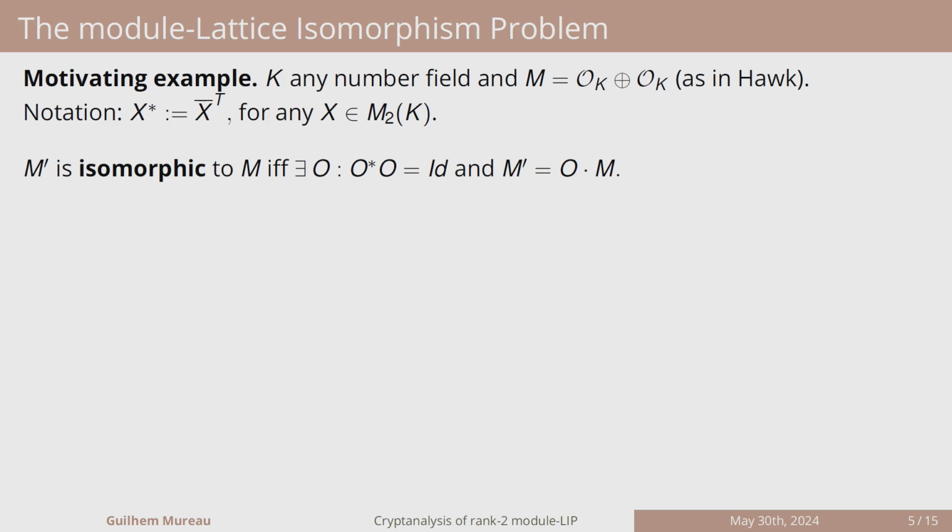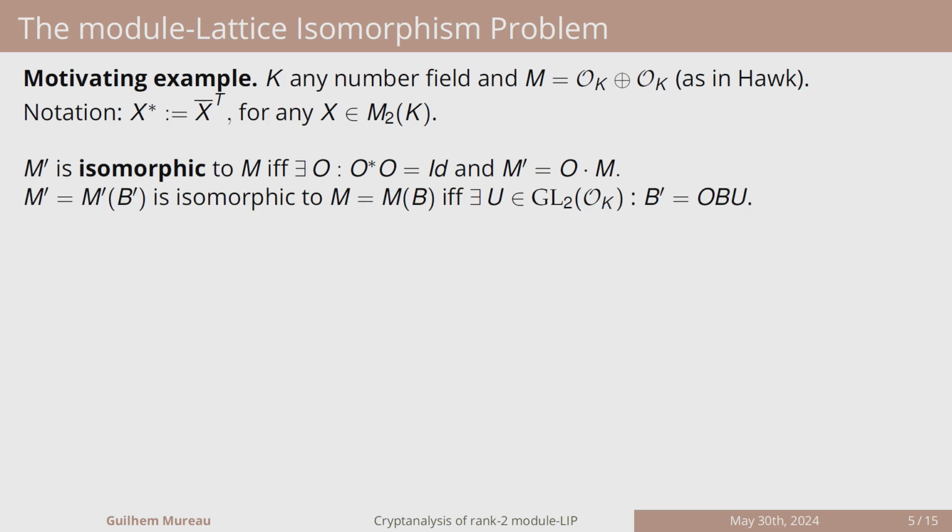We say that a module M prime is isomorphic to M if there exists a matrix O such that O star O is the identity, so think of a rotation, and such that M prime is the image of M by O. In terms of bases, if we are given a basis B prime of M prime and B of M, there exists a matrix U, invertible with coefficients in O_K, such that B prime is equal to O B U. We could define module LIP as the problem of recovering O or U given B and B prime.